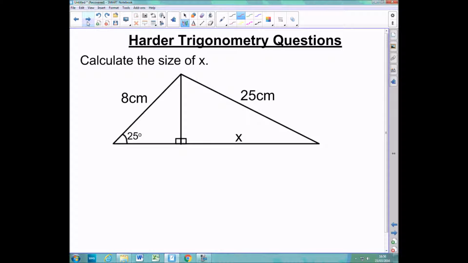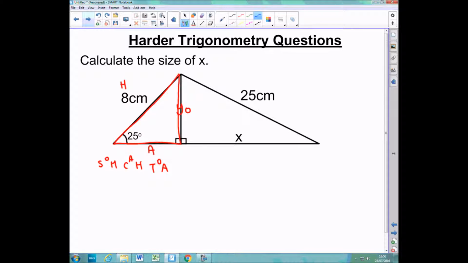Okay, so the trick to this question is to find first the value of this side over here. So we're going to use trigonometry to do that based on this one right angle triangle. So we're going to start off exactly the same way we have been before, labeling our sides. So we've got our hypotenuse, our opposite side, our adjacent, writing down SOHCAHTOA.